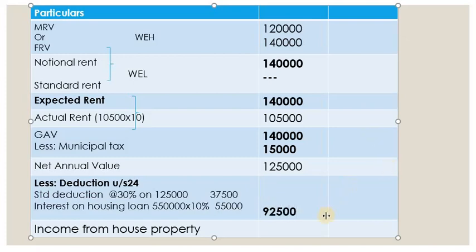Now deduct the 92,500 from the net annual value. You will get the income from house property, that is 32,500. So that's all for this illustration.